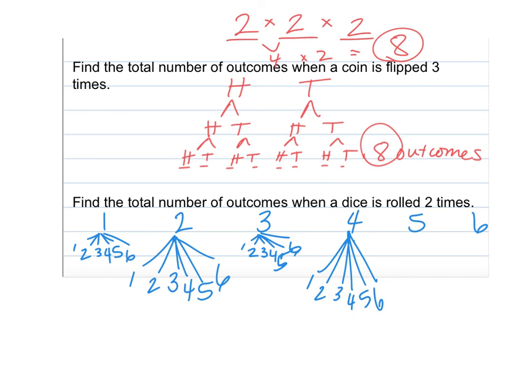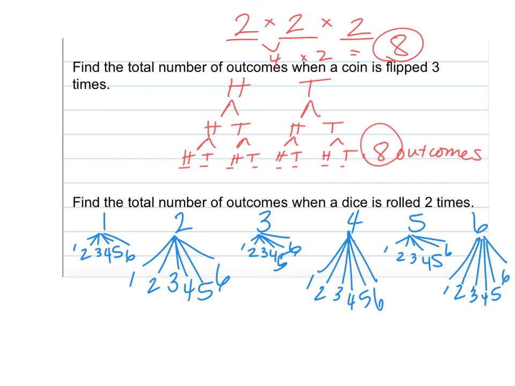If you rolled a 5 the first time, when you pick it up and roll again, you could get a 1, 2, 3, 4, 5, or a 6. If you rolled a 6 on the first dice, when you pick it up and roll for the second time, you could get a 1, 2, 3, 4, 5, or a 6.